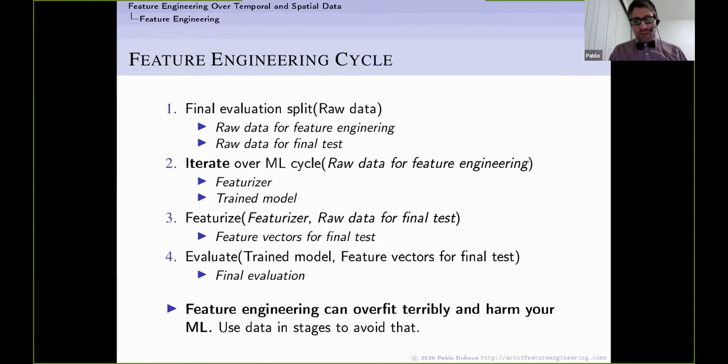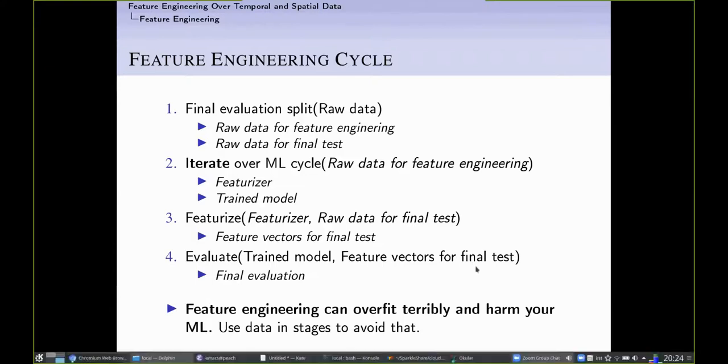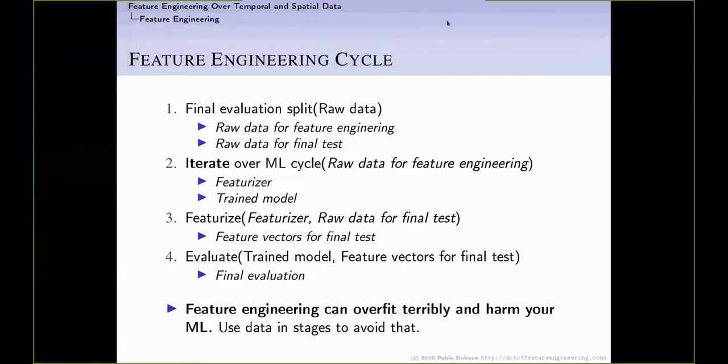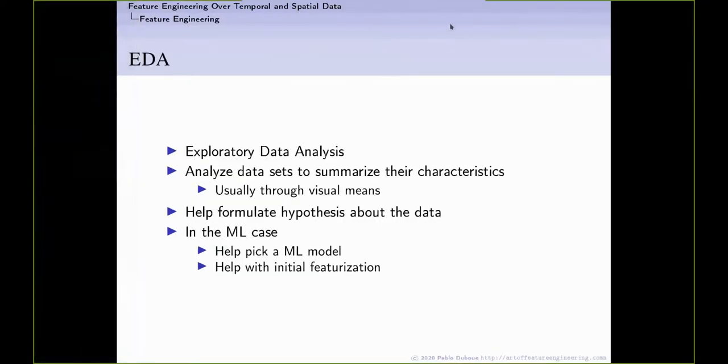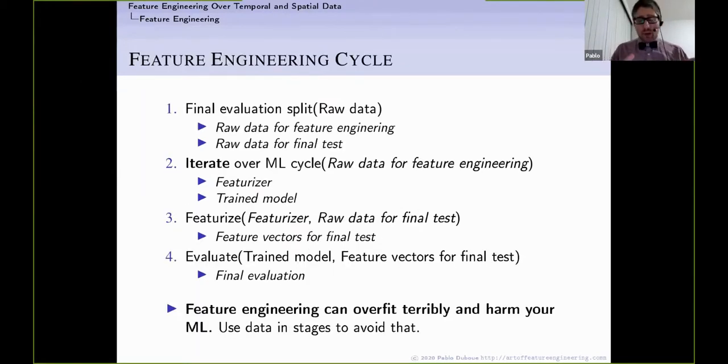So for that, I propose to take the raw data, before you are going to do featurization, and split it to have a held out set to try the featurizer at the end of the process.